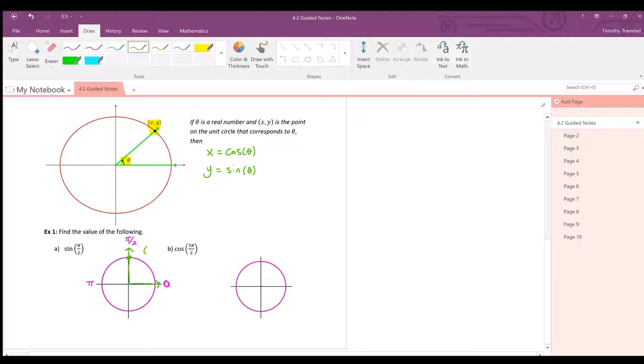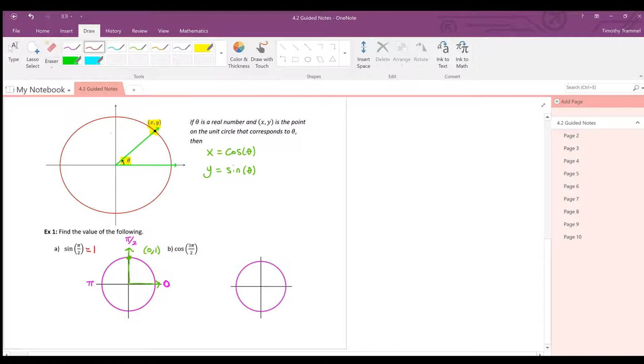Remember the unit circle is of radius 1, so if we're at the top of this circle right now, our y value must be 1, and since we're on the y-axis, x must be 0. So this is (0, 1). What that tells us is that sine of pi over 2 is equal to the y-coordinate. So it's equal to 1.